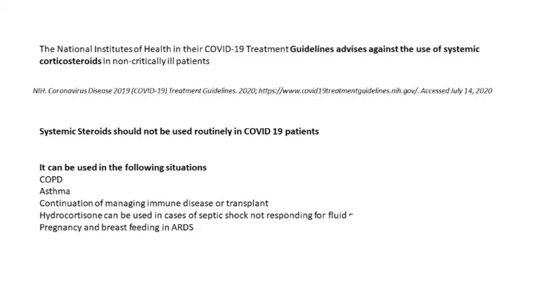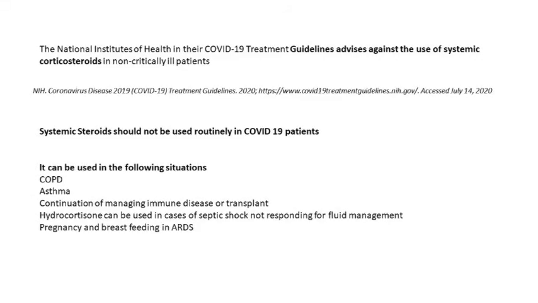It can be used also in pregnancy and breastfeeding in case of ARDS. These are the normal medical indications, but there is no recommendation at all to use corticosteroids or prednisolone in patients with COVID-19, apart from the dexamethasone indication for hospitalized patients who need respiratory support and ventilation.